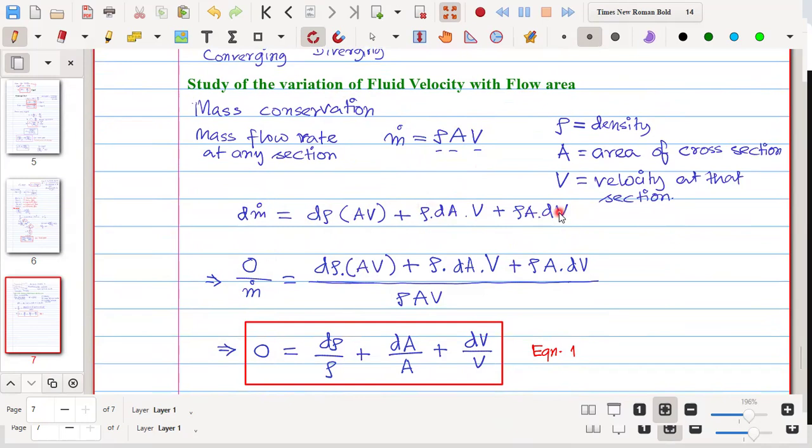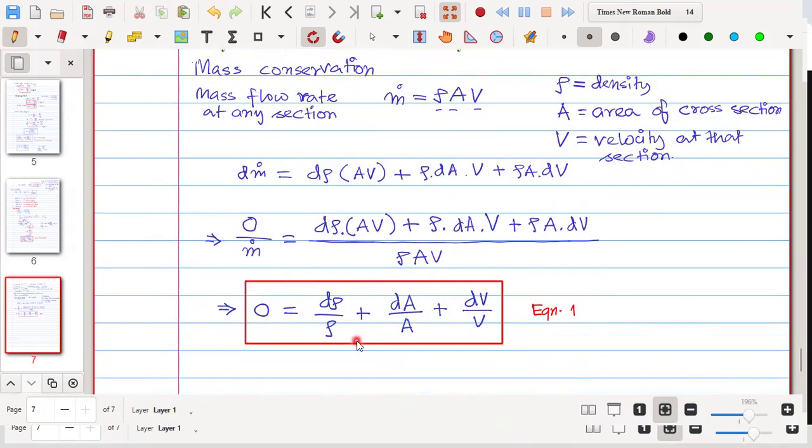As for compressible flow, generally all quantities will vary. Therefore, this will be the differential relation between density, area, and velocity. So we have discussed in today's class up to this. Okay.